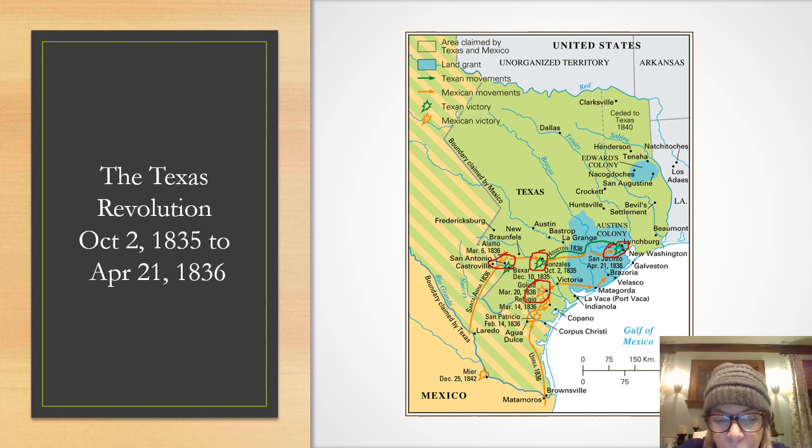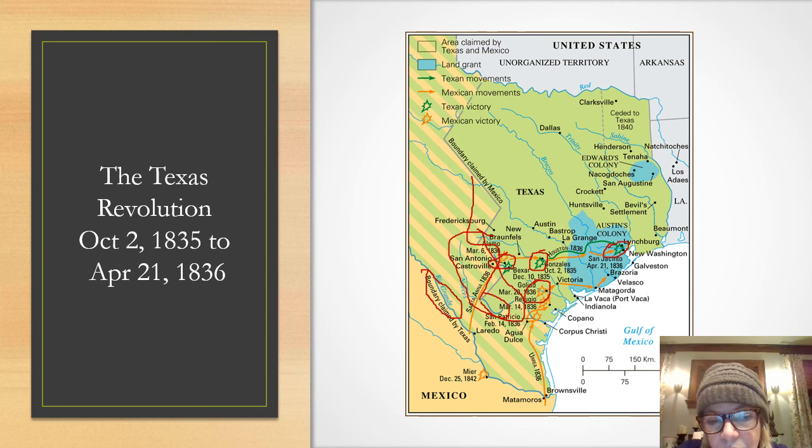However, I want to draw one more thing to your attention. This right here is the Rio Grande River. This is the current border between the United States and Mexico. This right here, though, up here, this is the Nueces River, right? But then this is what they believe at this border right here.